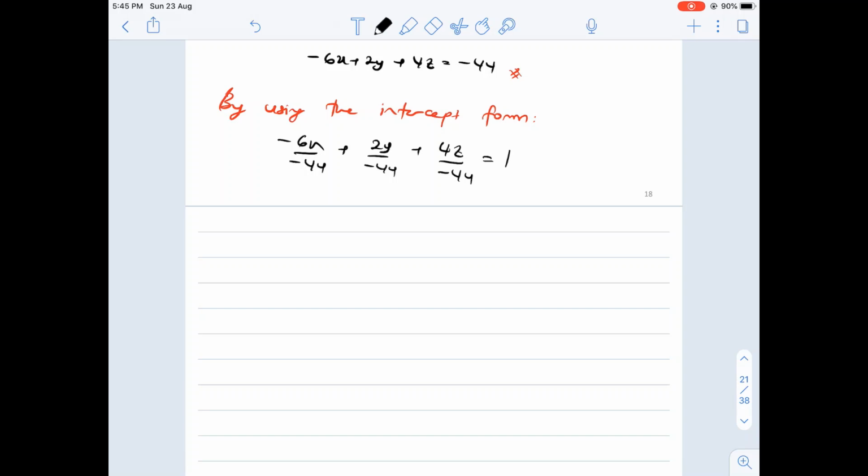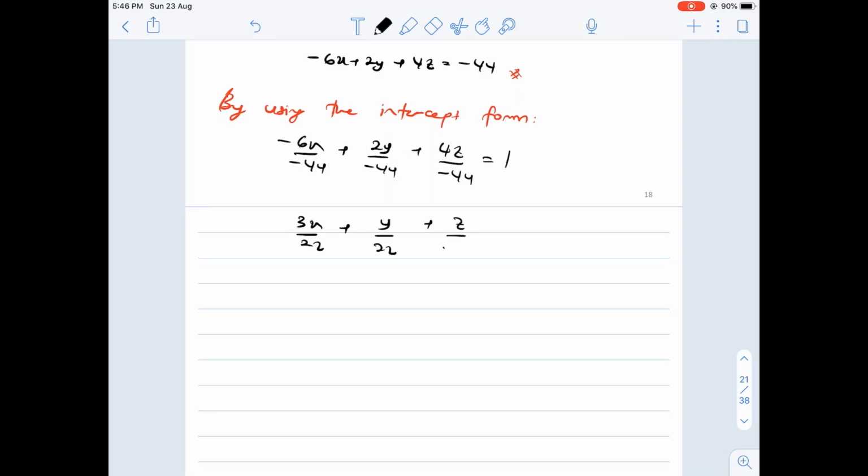So we will have x, negative becomes positive, so 3x over 22 plus y over negative 22 plus z over negative 11. Sorry, right here this should be negative, so it's nicer if I put it like this, equals 1.